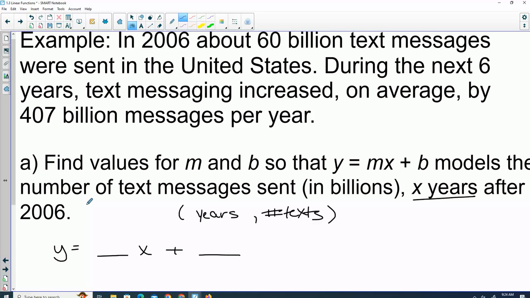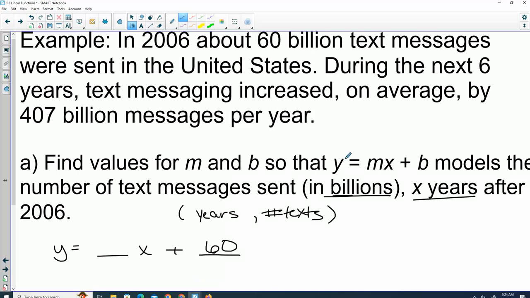2006 is 0 years after 2006. How many were sent in 2006? 60 billion. So my y-intercept, my starting value, is my 60. I don't have to write billion because it already told us that y is being measured in billions here.